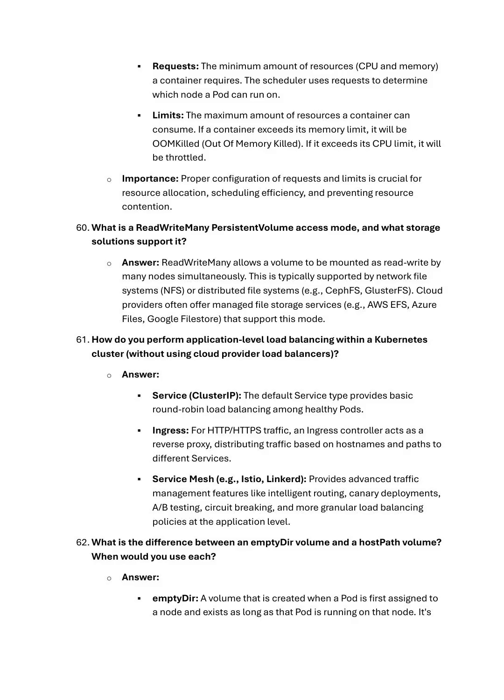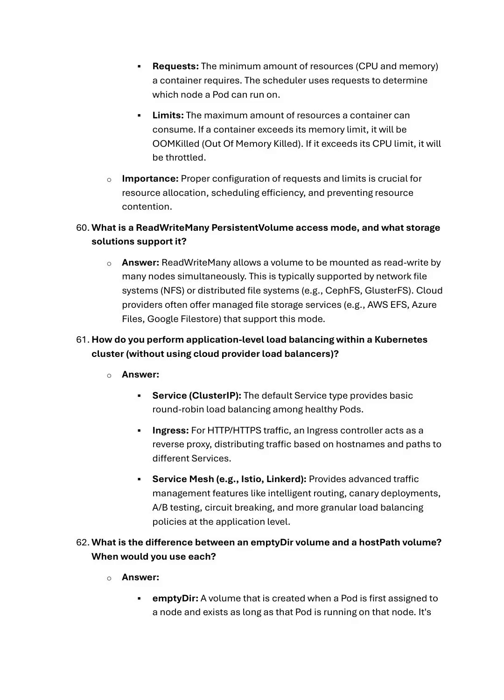61. How do you perform application-level load balancing within a Kubernetes cluster without using cloud provider load balancers? Answer: Service, ClusterIP. The default service type provides basic round-robin load balancing among healthy pods.